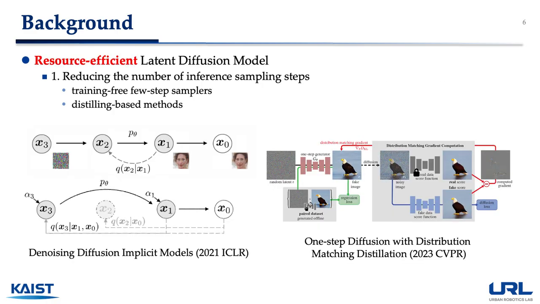Because of this limitation, many follow-up works try to improve inefficiency somewhere else, mainly inside the diffusion process itself. One focuses on reducing the number of inference sampling steps, or distillation-based one-step or few-step diffusion models. And these methods significantly speed up generation by replacing long sampling chains with much shorter ones.